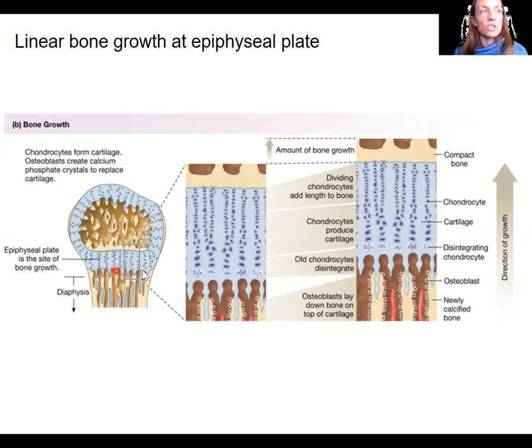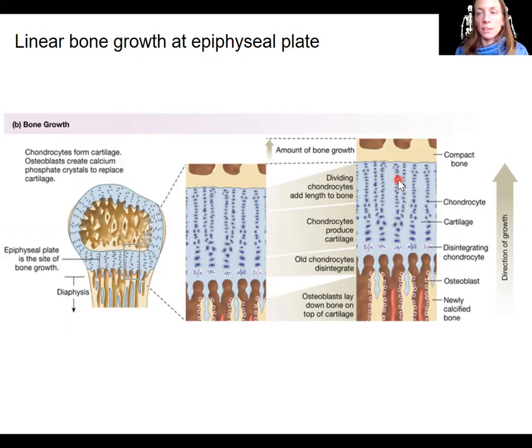And this all happens just within this epiphyseal plate that is still present in humans throughout childhood and adolescence. When your growth plates close, this cartilage is no longer present here. So this epiphyseal plate is the site of linear bone growth. And this image is a lot like that previous one. We've got dividing chondrocytes.